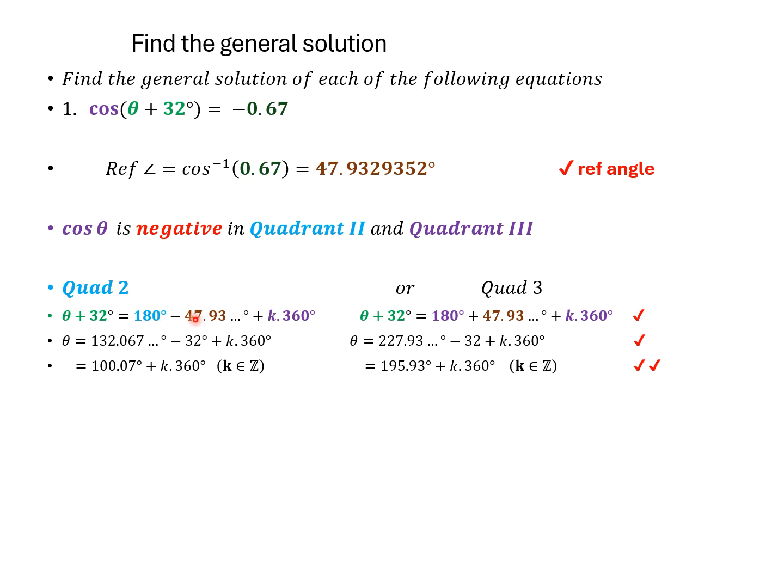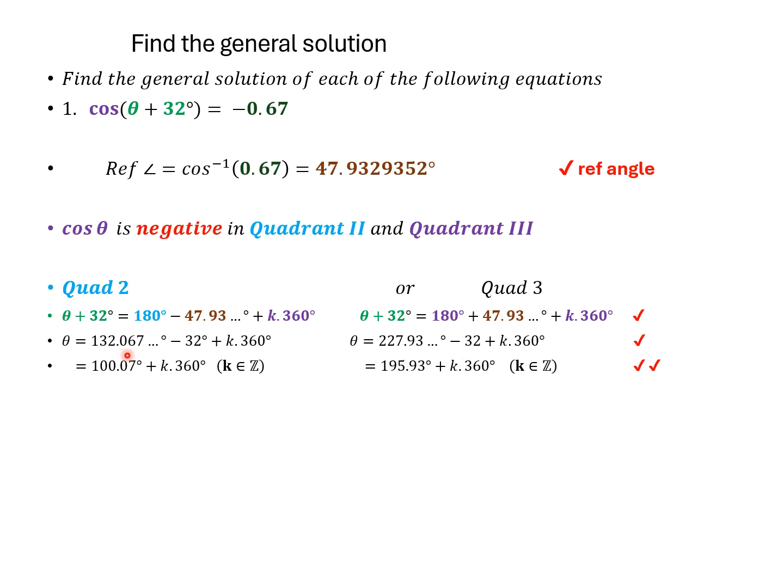Now 180 minus 47,93 gives me 132,067 degrees. If I bring 32 across the equal sign, if I transpose it, it becomes negative 32 plus k times 360. 180 plus 47,93 gives me 227,93. Again, if I take 32 across, it becomes negative 32, so I'm only left with theta.